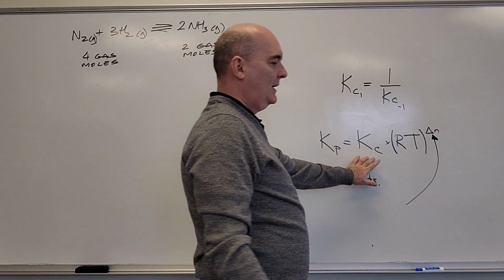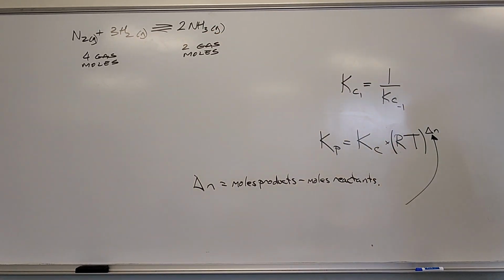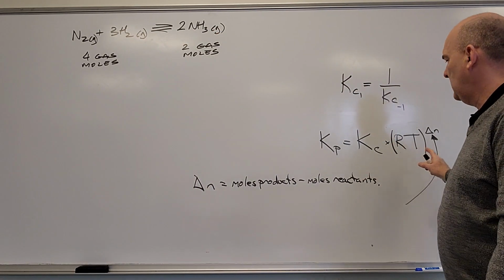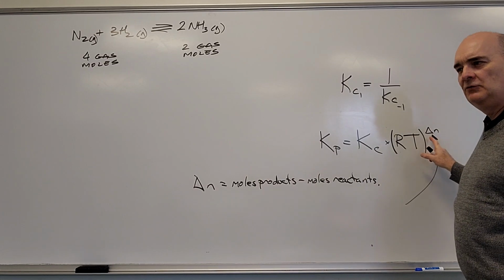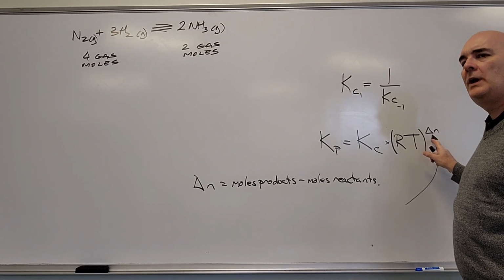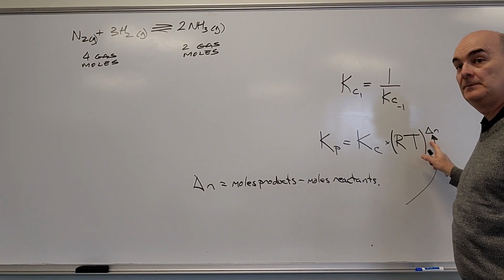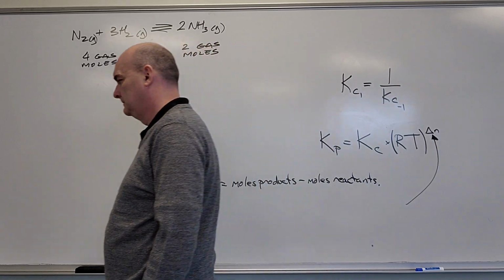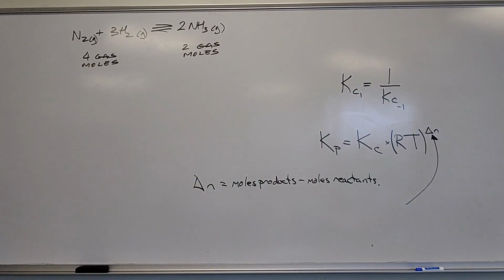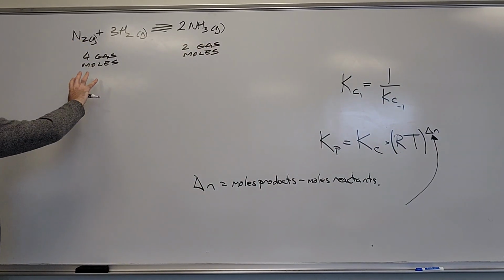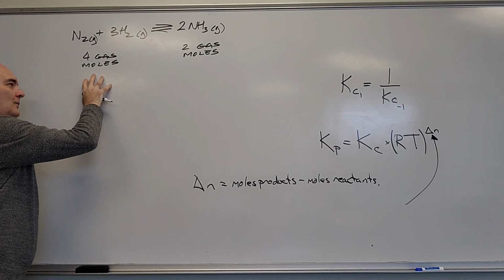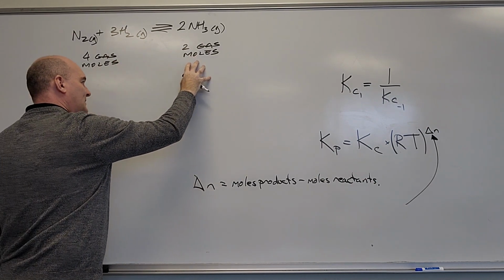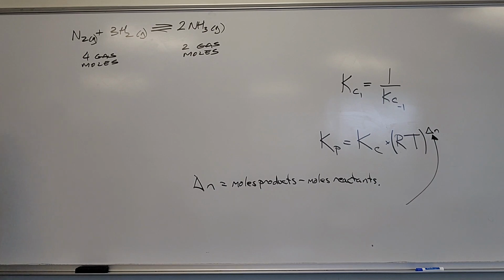It surfaces here when we try to make sense of the numbers. And this is the first time that it says, you're really going to need to take into account which way you are trying to push this equilibrium, this reaction. On this side, I have 4 gas moles, and on that side, I have 2 gas moles.